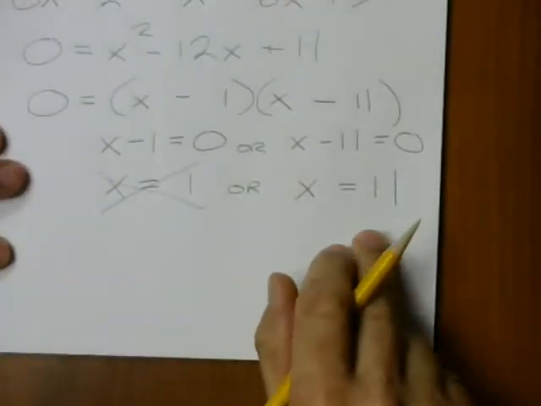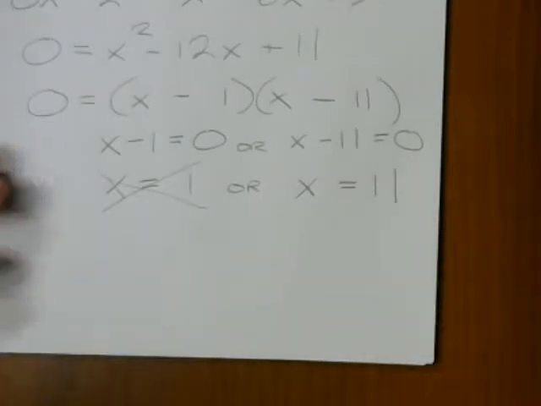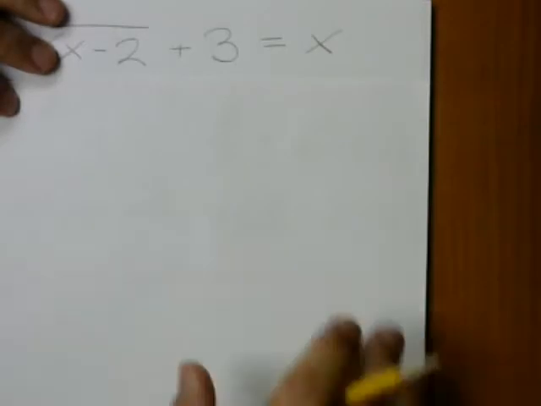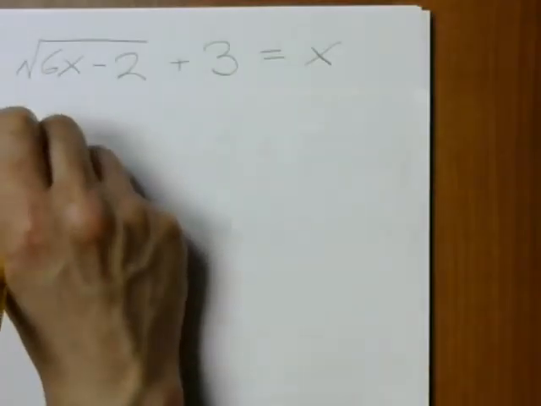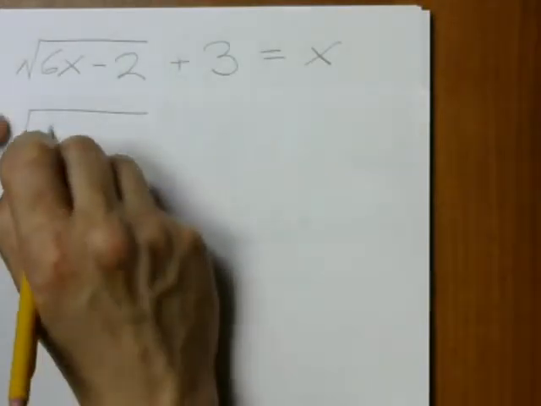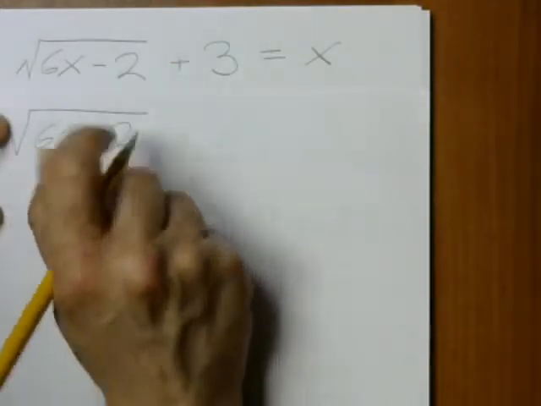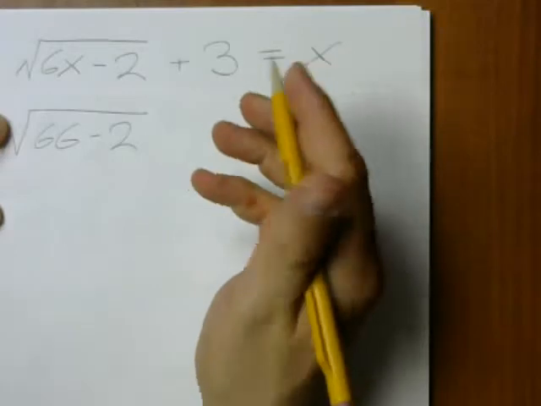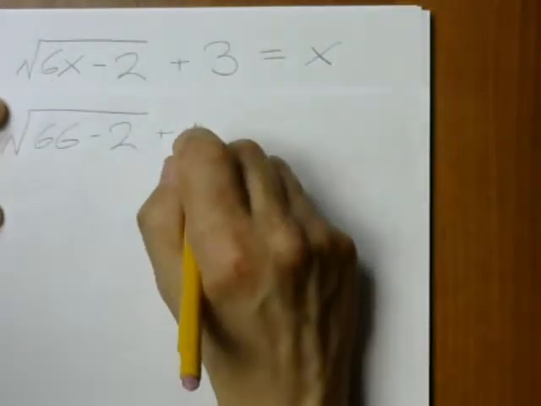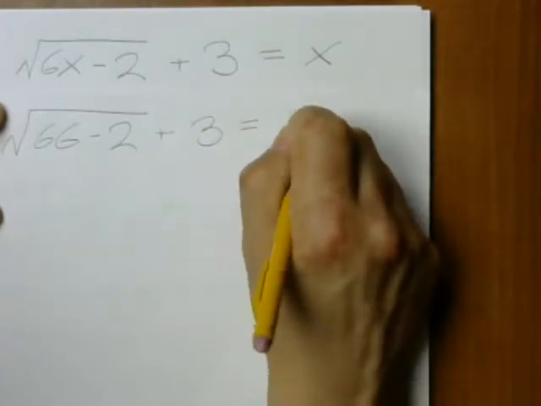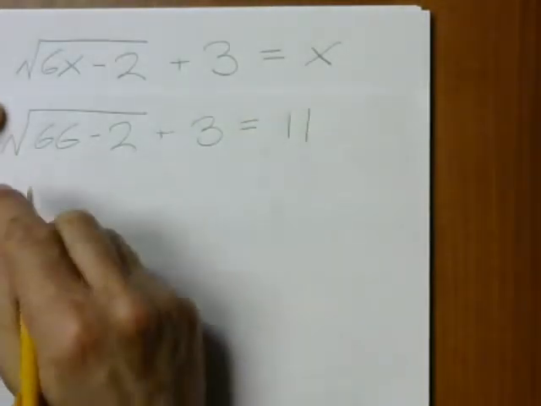What about 11? What happens if I try plugging in 11? Well, let's try maybe doing that by writing it out. I'd get 66 minus 2, because 6 times 11 is 66. Not too hard to multiply a single digit number by 11. So, what is this?